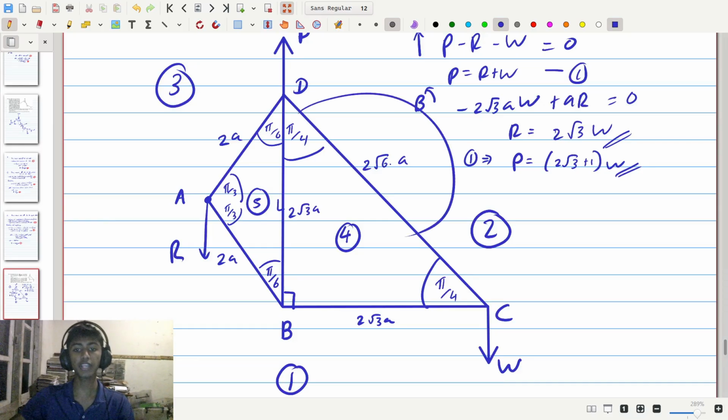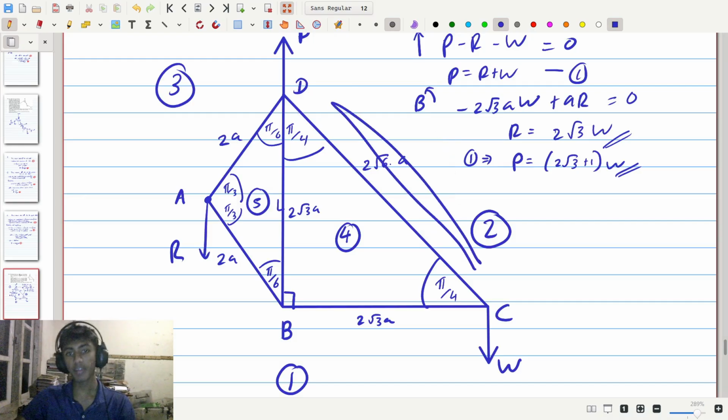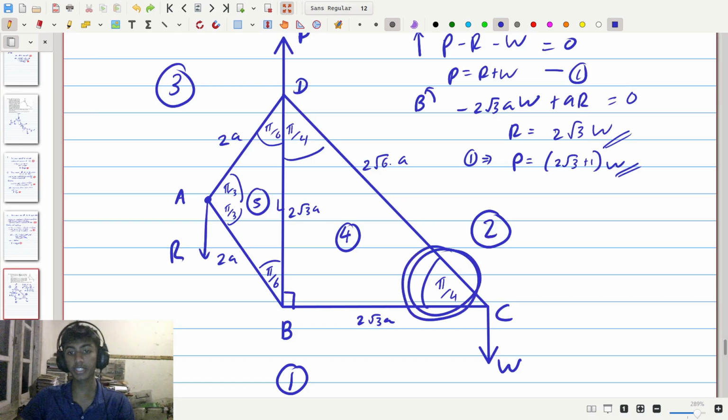So due to that, we can say that the forces inside the rod DC must be traveling in the direction of the rod DC. Now the rod DC has a direction of pi by 4 to the horizontal, and therefore the force through this rod must be in that same direction of pi by 4 to the horizontal.